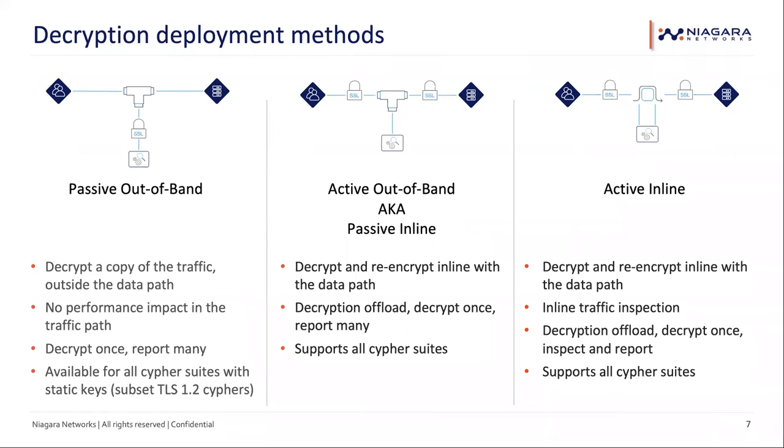So we take a copy of the traffic and send it to the decryption engine, and if we have the certificate, we can decrypt that traffic because it's a static key. This is passive out-of-band.